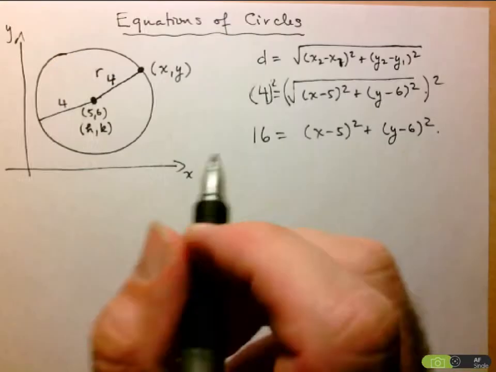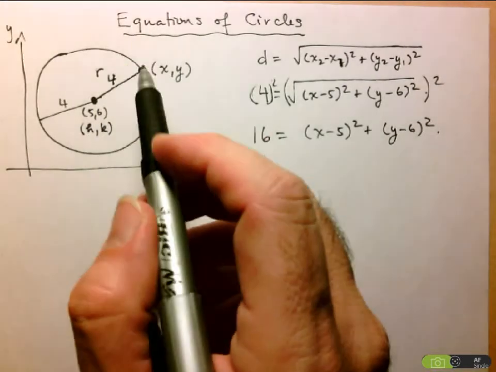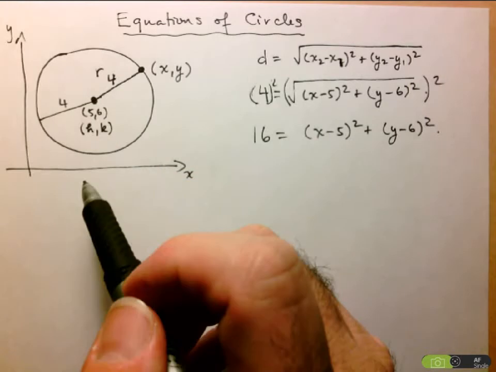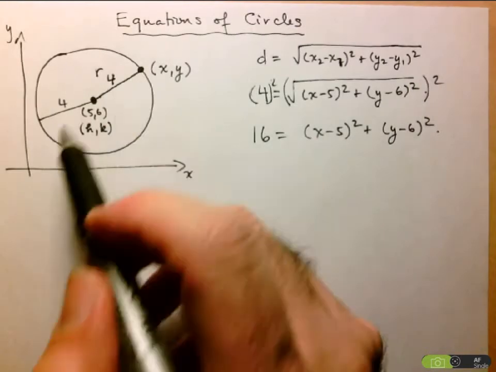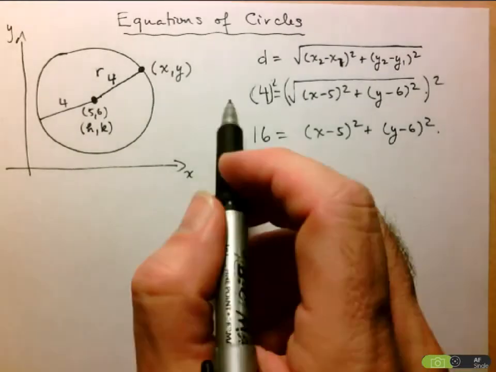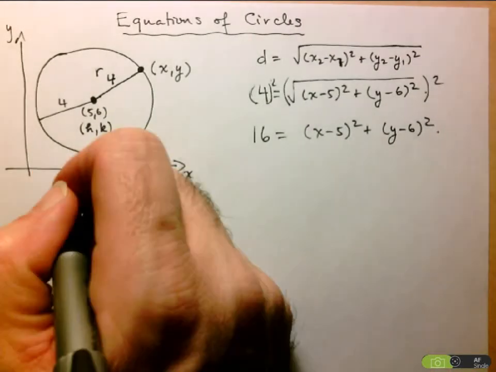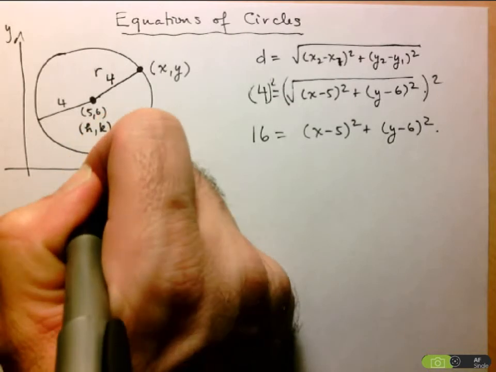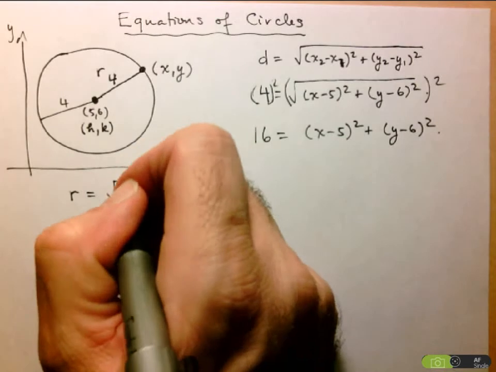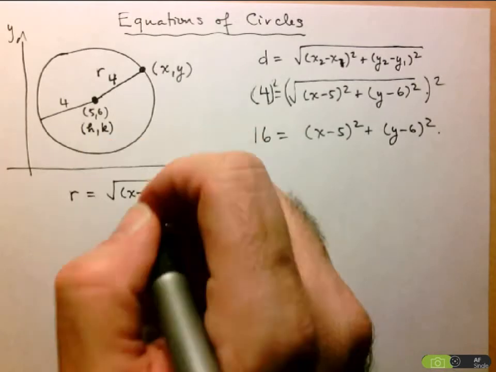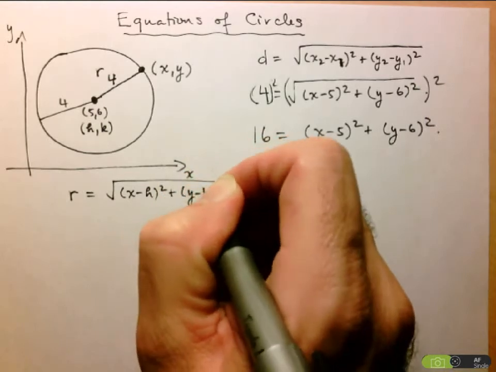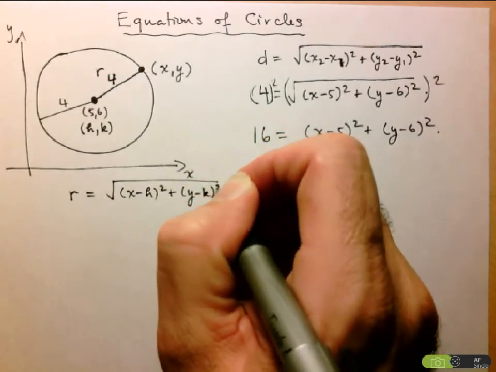Okay? But we can see that, again, for any point on this circle with center hk and radius r, we have the same relationship. The distance between the point and the center is always the same. So I can repeat exactly what we have here, that r, our distance between a point and the center, is just the square root of x minus h squared, plus y minus the y component of the center squared.